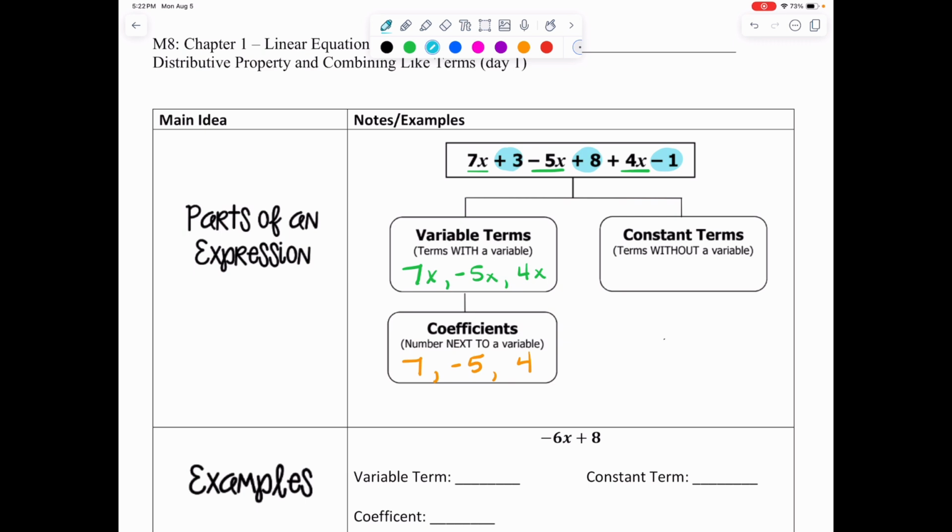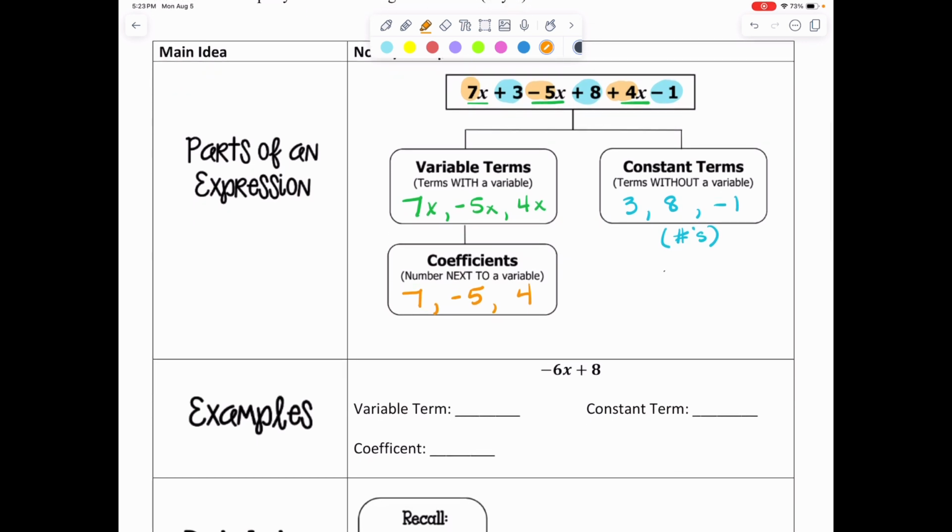So the constant terms, which again are terms without a variable, are 3, 8, and negative 1. Constant is just another word for plain old numbers. And just to help with coefficients, I'm going to go back and highlight where your coefficients are: 7, negative 5, and 4. So you can see the difference in the way I'm color coding everything.